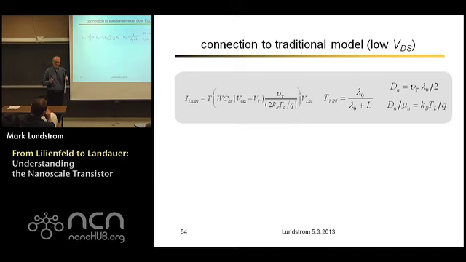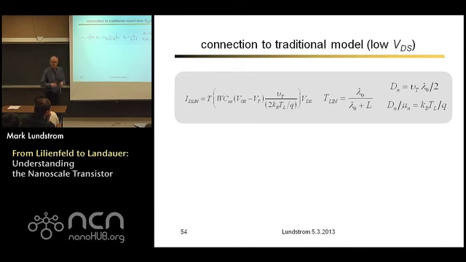You may remember the units of diffusion coefficient are centimeters squared per second. You can show with some transport theory that diffusion is random thermal motion, so it's the thermal velocity times the mean free path divided by 2. That's the diffusion coefficient. If I've got the diffusion coefficient, the Einstein relation gives me the mobility.